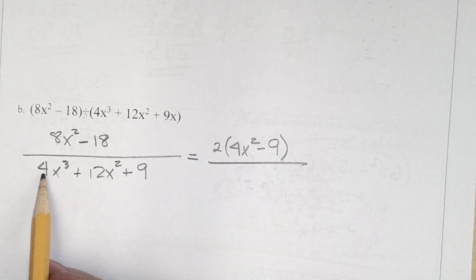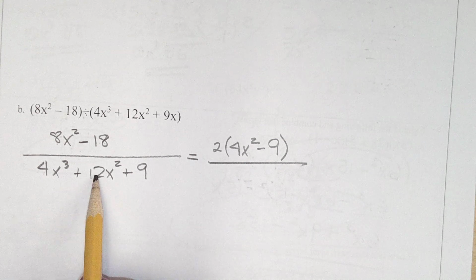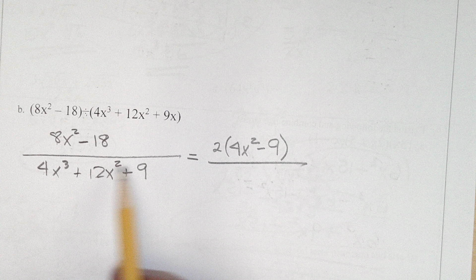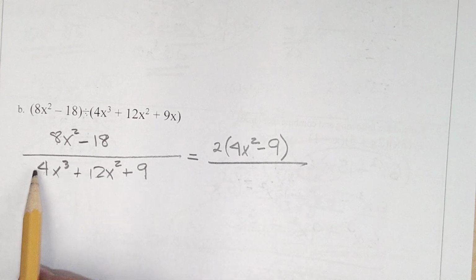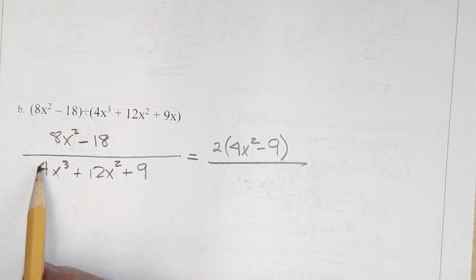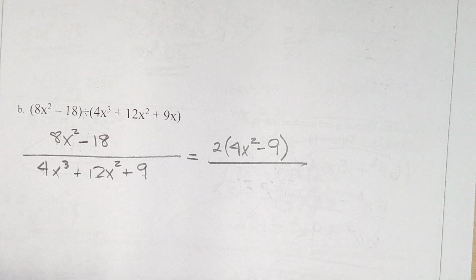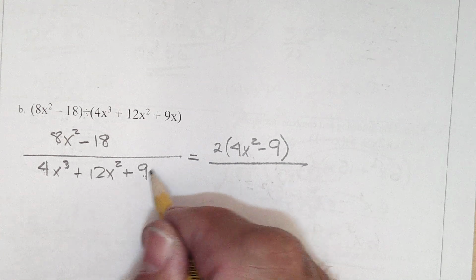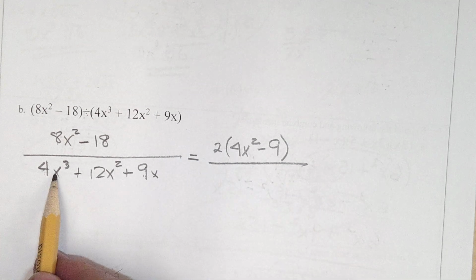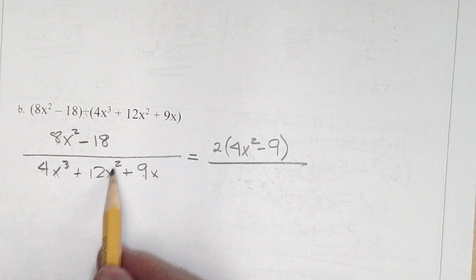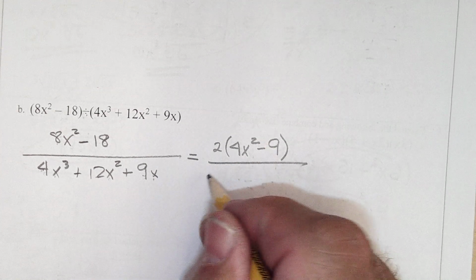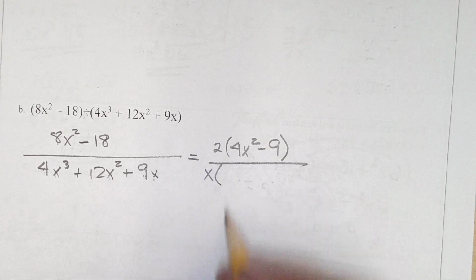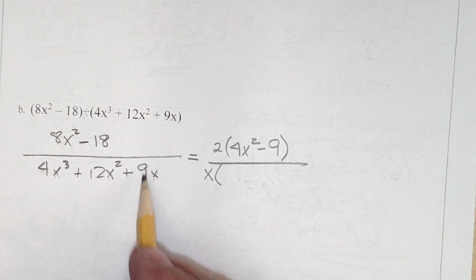In the denominator, 2 goes into that, 2, 3, and 4 go into that, but only 3 goes into this. No 3 goes into this, and no 2 goes into that, so there's no number that comes out. But there was, oh, I missed it. There's an x. There's an x in this, 3 of them, there's 2 of them, but there's only 1 here. So if we pull out an x, we can only pull out 1, because that would leave that one with none.